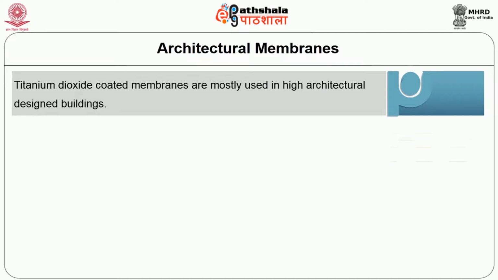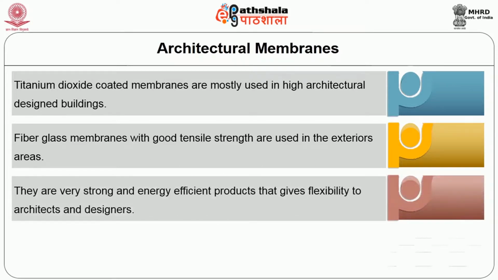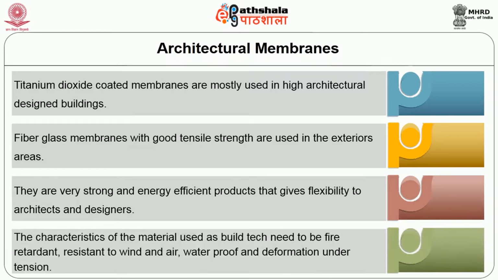Titanium dioxide coated membranes are mostly used in highly architecturally designed buildings. Fiberglass membranes with good tensile strength are used in exterior areas. They are also very strong and energy efficient products that give flexibility to architects and designers.